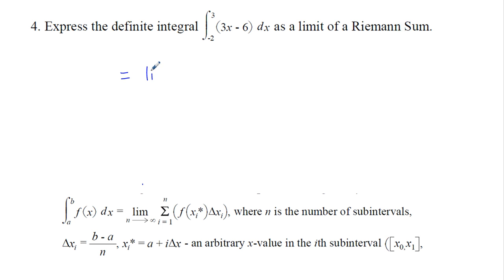And what that's going to equal is the limit as n approaches infinity of our sum here. And we're going to start out with i equal to 1, and we're going to go up to n here at the top.